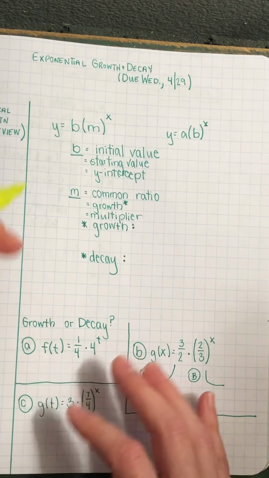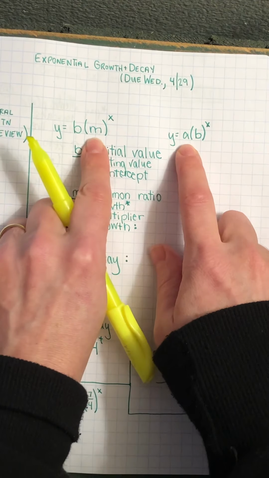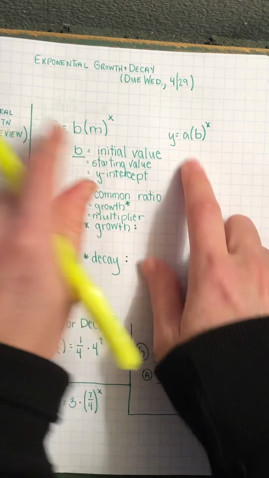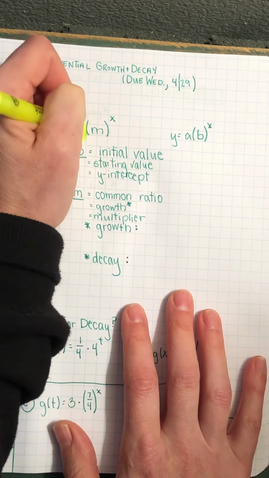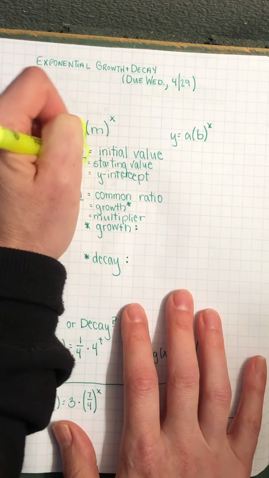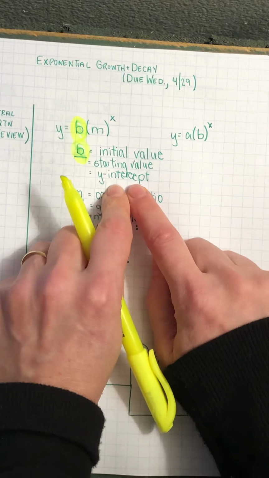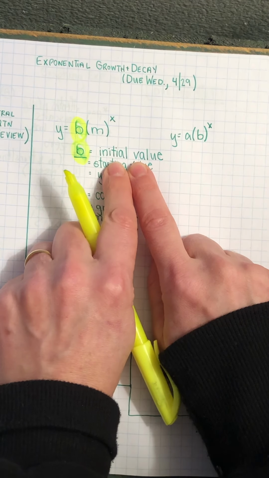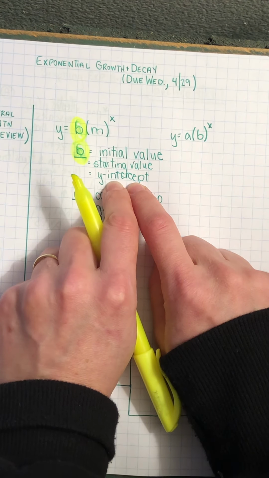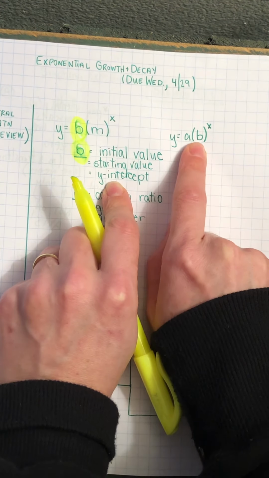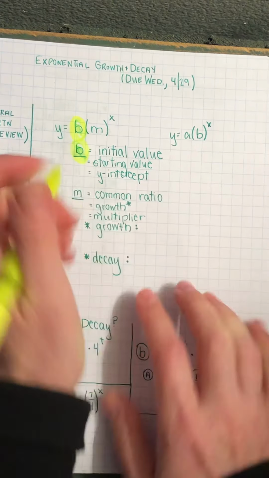So it's a little confusing with Miss Taylor because the b here is the starting point, or the initial value, or the y-intercept. The initial value is what you will hear over and over. It also shows up as the y-intercept on the graph. So that's different than this b because that translates to this one.